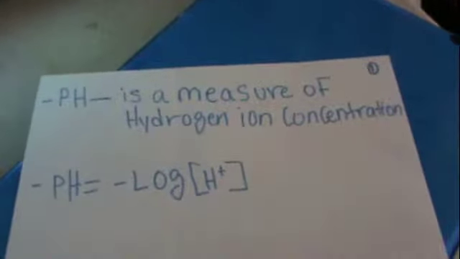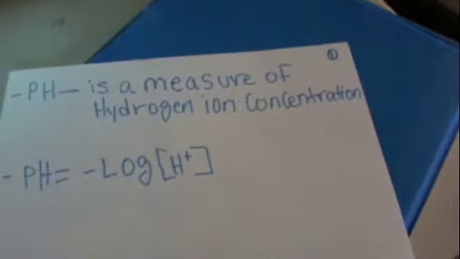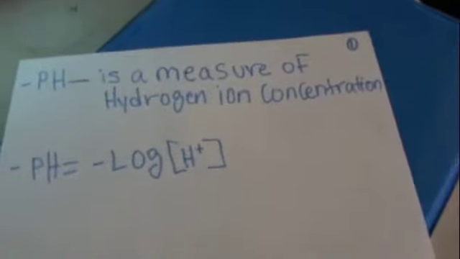Okay, so let's start with the definition of pH. It's a measure of hydrogen ion concentration. Also, it is the negative log of hydrogen ion concentration. In chemistry class, we calculate numbers, but in physiology, we don't calculate numbers. Instead, we figure out if we have somebody who is hyperventilating, how will the body react to it.